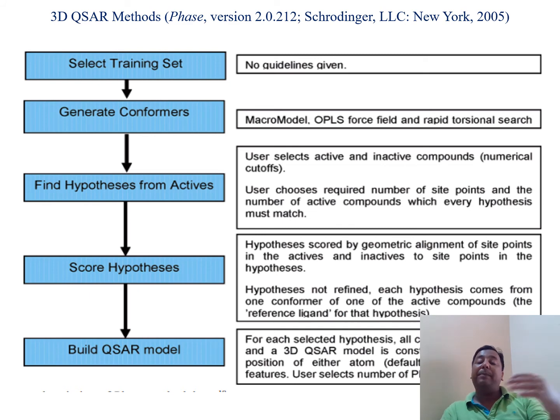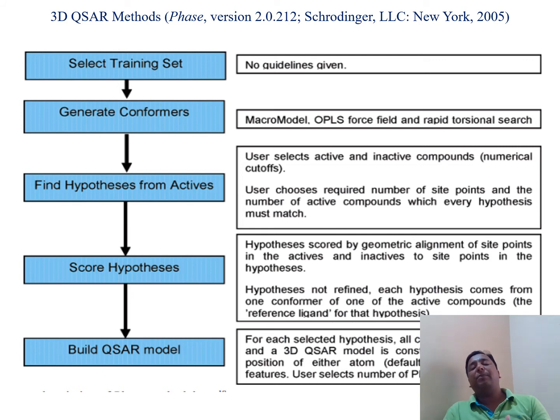Among the 100 hypotheses, we have to analyze how the training set result and the test set result are. The mapping parameters will be the R square value, the regression coefficient, the R square CV value, and the validation coefficient. These are the parameters used to map all these different hypotheses.